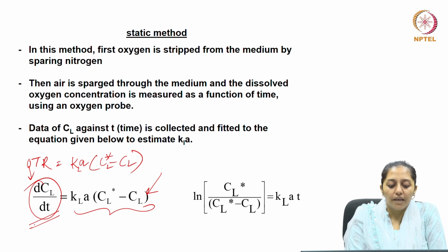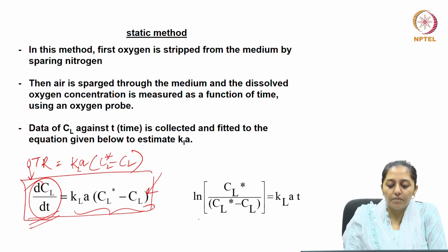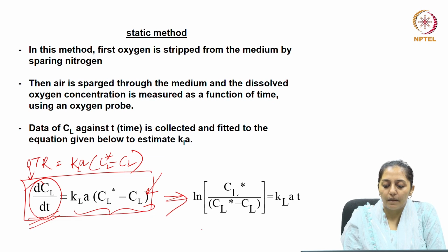So, now if we integrate this equation given here, it becomes a linear function as shown here. And if we make a plot of ln Cl star by (Cl star minus Cl) versus t, then the slope of that line gives us the KLa.